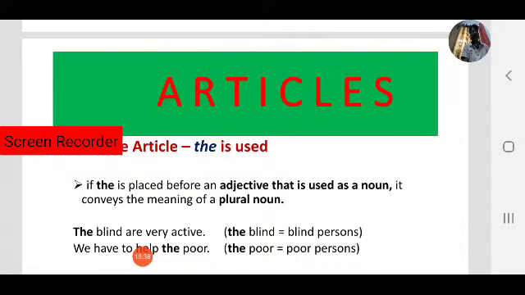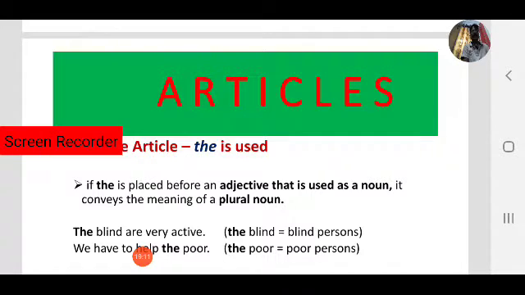For example, the blind are very active. Take the word blind. Blind is an adjective, but in this case the same blind is used as a noun, the subject. So in that case we use the blind. The blind means blind persons.